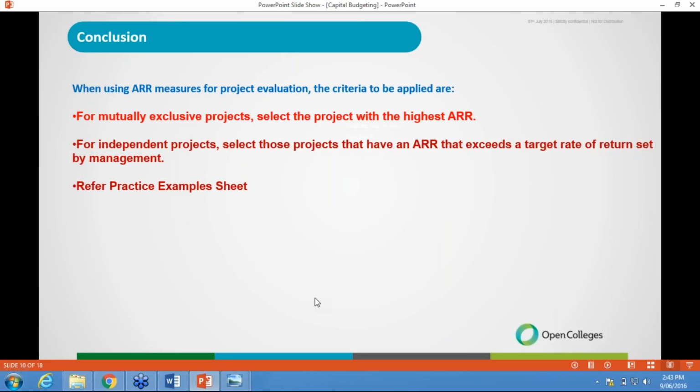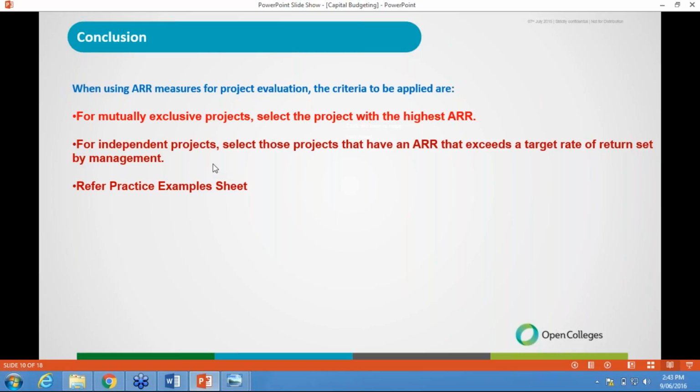Now, if there are 2 projects given to you, of course you will select the project which will give you the highest ARR. For example, there are 2 projects A and B, and you have to decide which one to go for. The project having the highest ARR will be selected and the other one rejected.